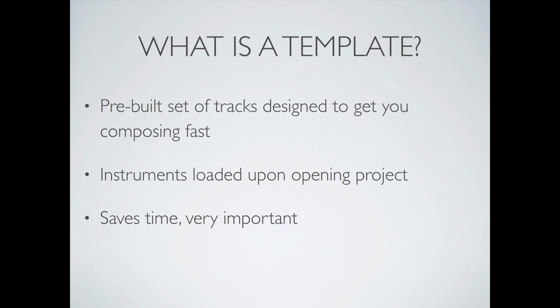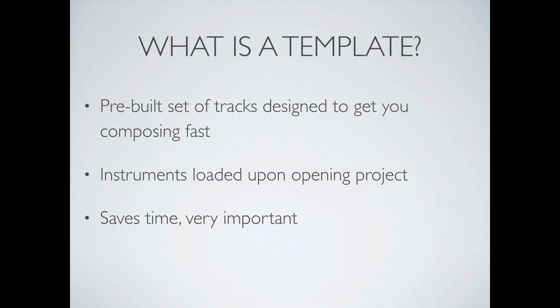So for example, if I'm working on a sci-fi score, and I know that this movie is going to have a ton of these scores in it, then it might be a good idea to pull up the instruments that you think you'll be using over and over again, and save those instruments as a default to load automatically every time you open the project.